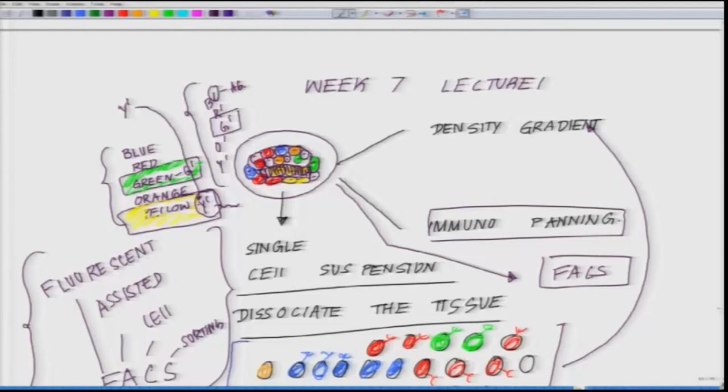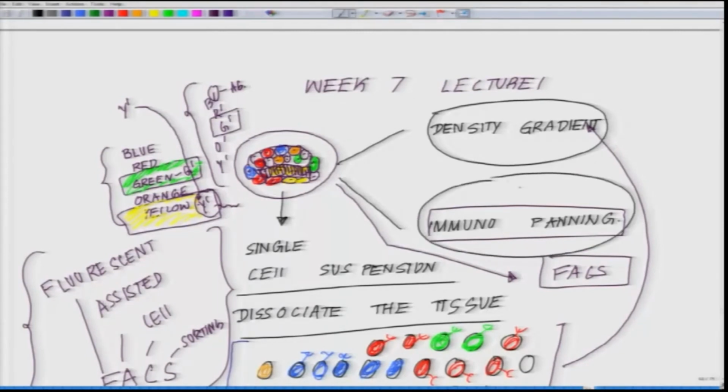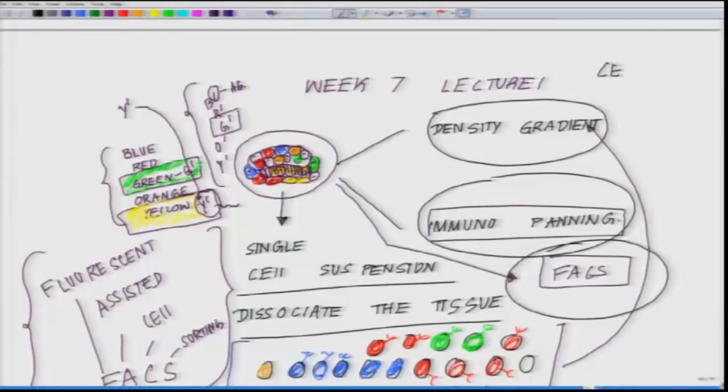Now, in the light of this, we have density gradient centrifugation, immunopanning, and the fluorescent assisted cell sorter. So, we have 3 different techniques by virtue of which one can do cell separation.